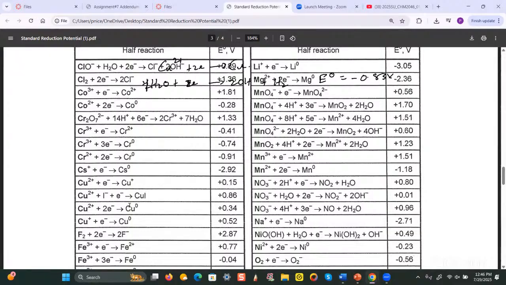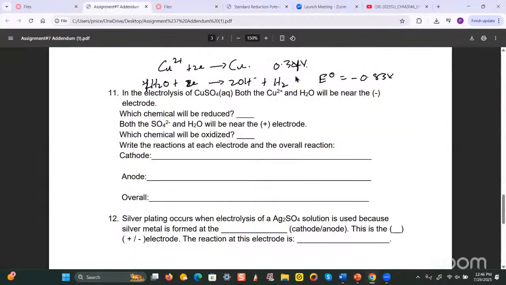The value for that is 0.34 volts. So that's 0.34 volts, that's minus 0.83 volts.